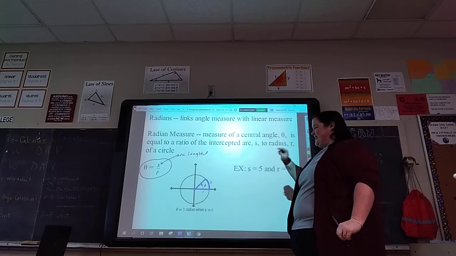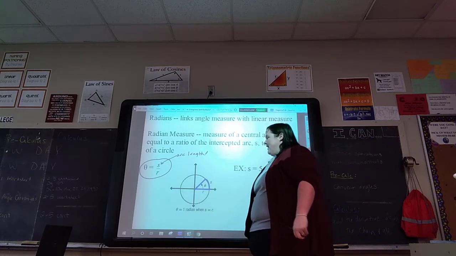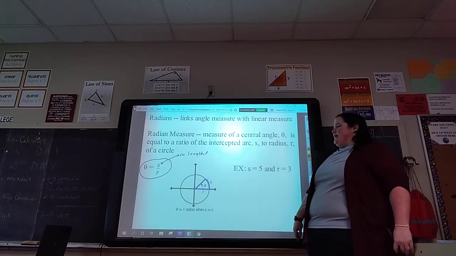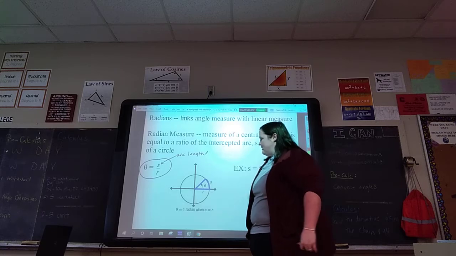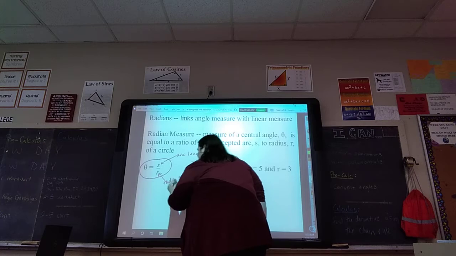So if you see the letter S, what it's talking about is its intercepted arc here. I don't know why they don't use A. We'll use A for something else later. But they use the letter S. So that's measuring this distance here. And then R is the radius of the circle.